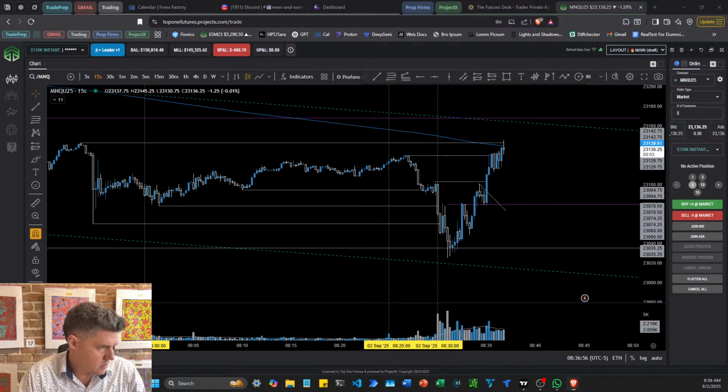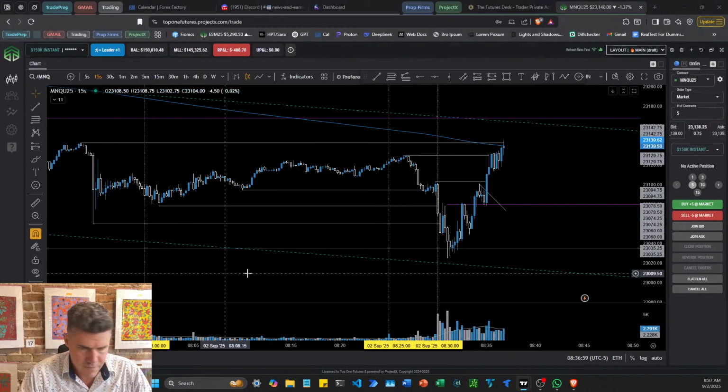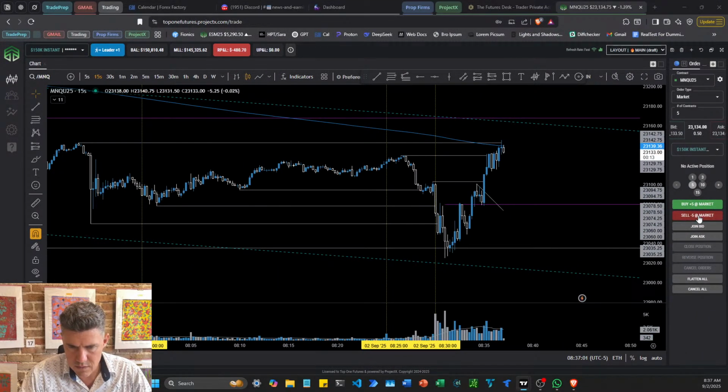What does this want to do? What does this level want to do?